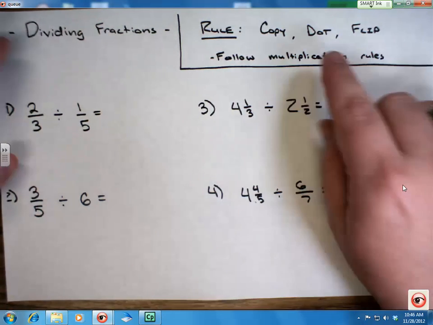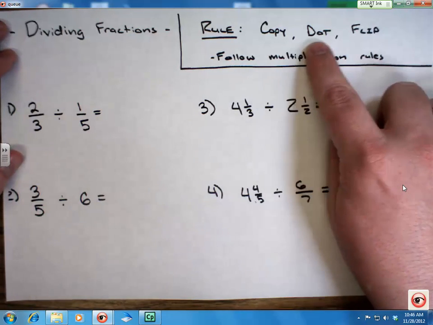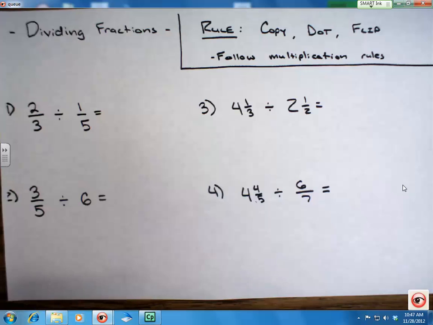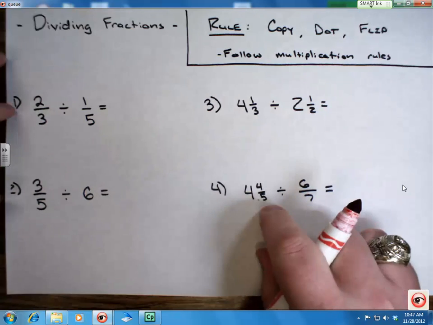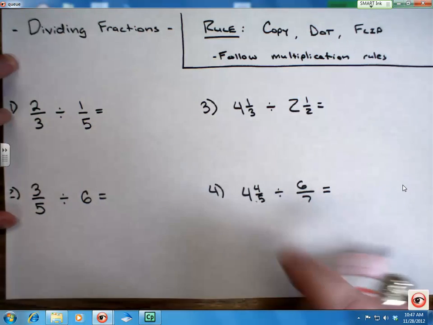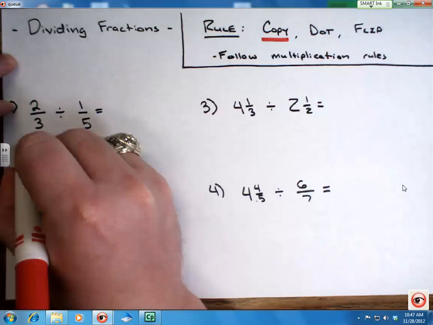Now, our rule for dividing fractions is going to be copy, flip. What does that mean? Well, let me show you. Take a look at number 1. We're actually going to change this into multiplication. To do that, we're going to copy my first fraction down.